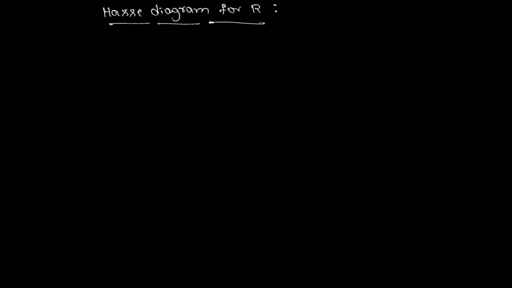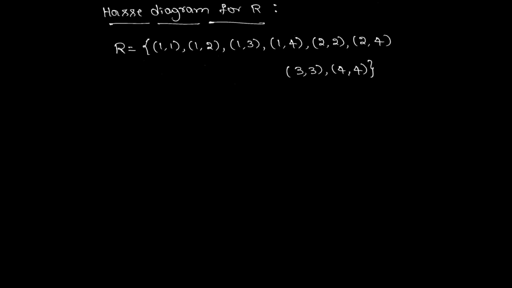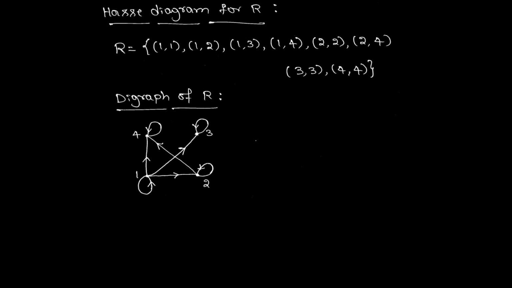Now we go for the Hasse diagram for R. We start with a relation. First, we write the diagraph of this relation, which is given by this.